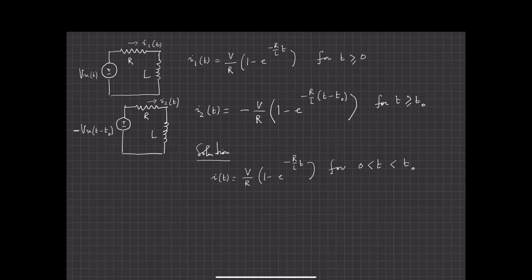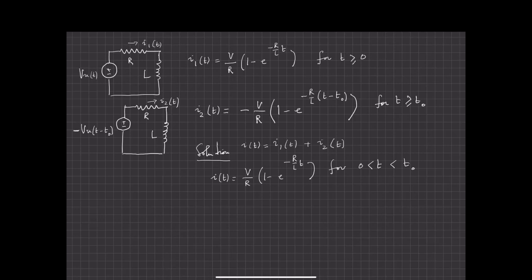Maybe I should write it down here. I of t equals I1 of t plus I2 of t. That's my superposition.